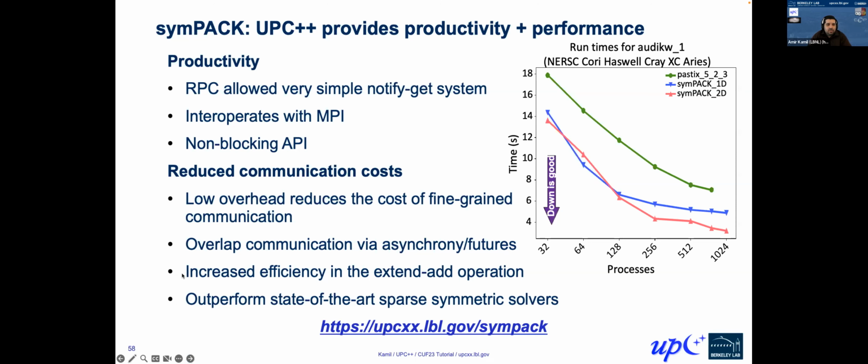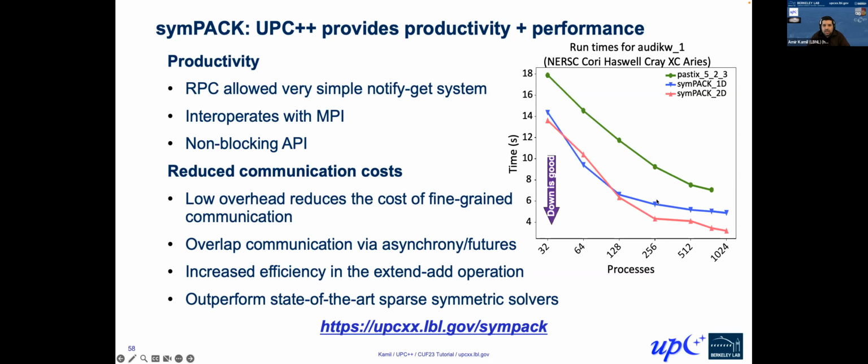What we see from the implementation of SymPack is that by using UPC++, it provides better performance than state-of-the-art solvers. On the right-hand side, I have an example of one particular matrix comparing PASTIX, which is a state-of-the-art sparse symmetric solver, with two different versions of SymPack.